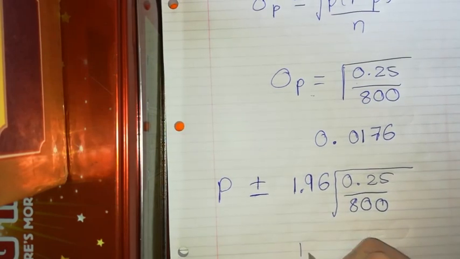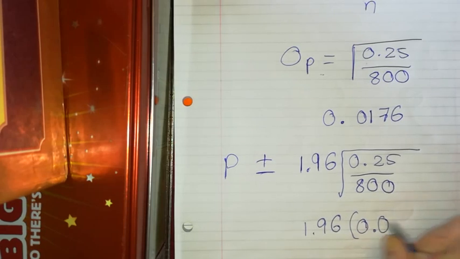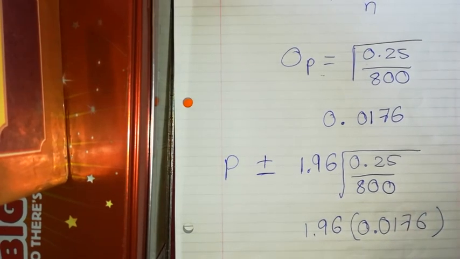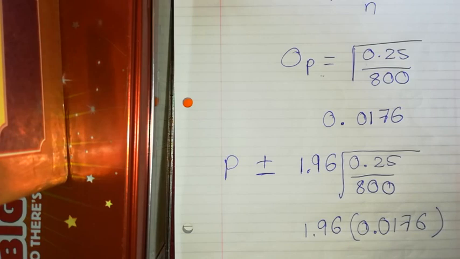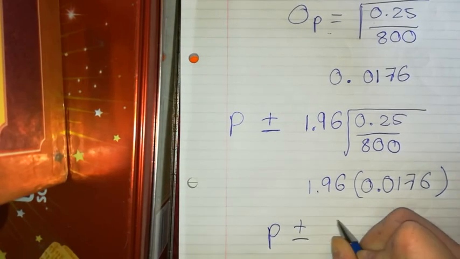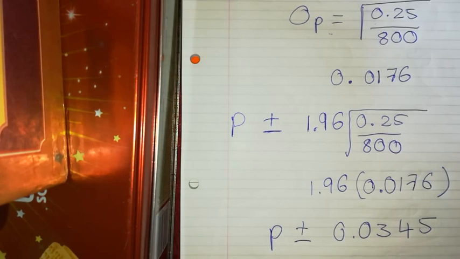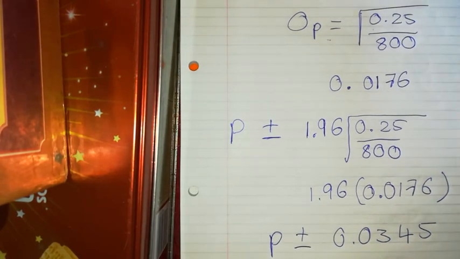So 1.96 multiplied by this standard error, 0.0176, and then I get the population proportion plus or minus 0.0345. So that's my answer for that.